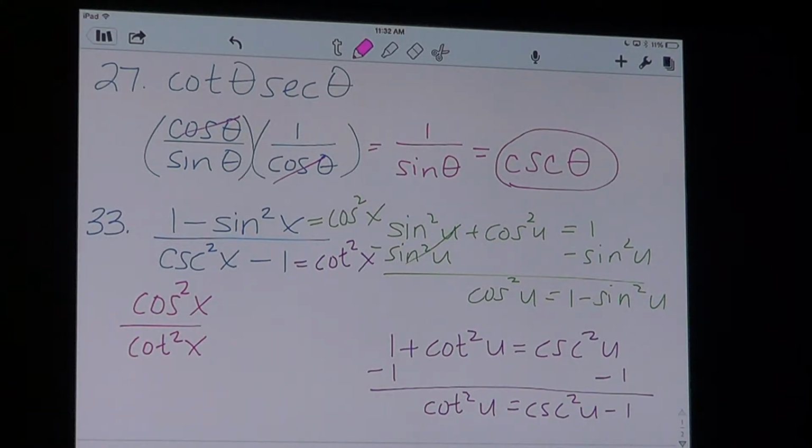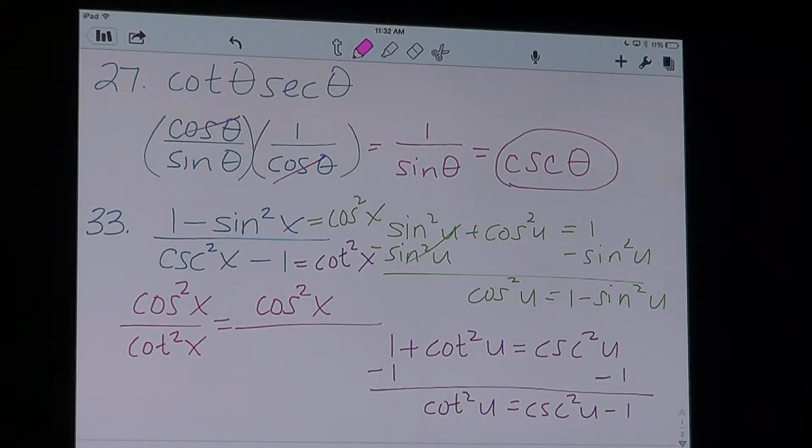Nope, it's not. Cosine we can't really simplify that much more, but cotangent is what? 1 over tangent, which is usually not very helpful. The more helpful one is the quotient, to put everything in terms of sine and cosine.